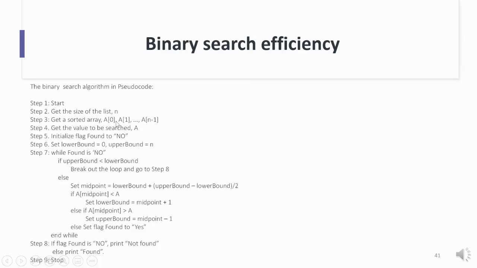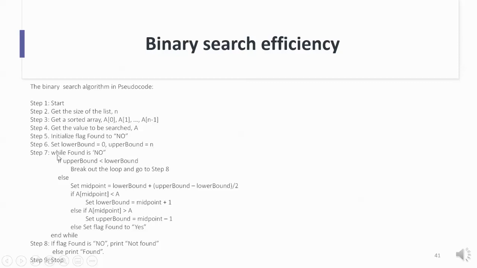The total number is n, so the biggest index is n-1. Step 4, get the value to be searched, A. Step 5, initialize the flag found to no. Step 6, set lower bound to 0, upper bound to n.